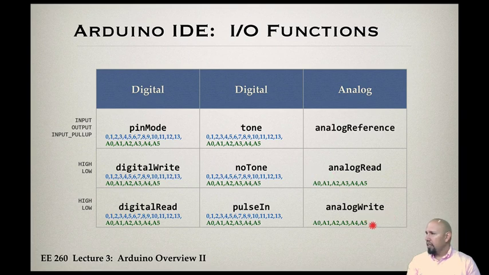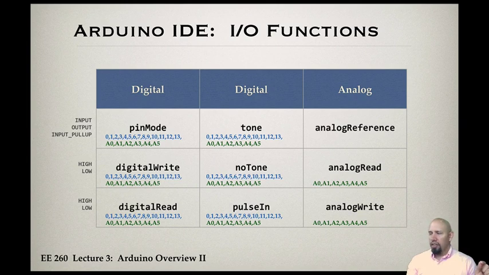The analog write will take an 8-bit number. So this is a 10-bit analog thing. This is an 8-bit analog thing. And basically what this will do is it'll take an 8-bit number and give you an output signal that is a 500 hertz square wave, with a duty cycle dependent upon what you write.